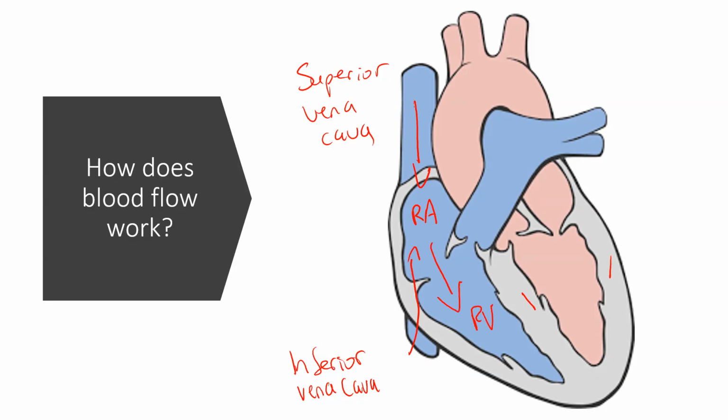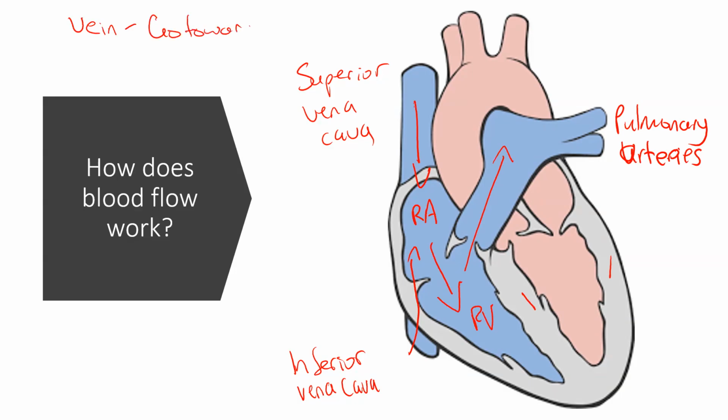Once it goes down into the right ventricle, it then shoots up into what's called the pulmonary veins. Sorry, pulmonary arteries, because when we're talking about the vessels themselves, veins go towards the heart, and arteries go away from the heart.